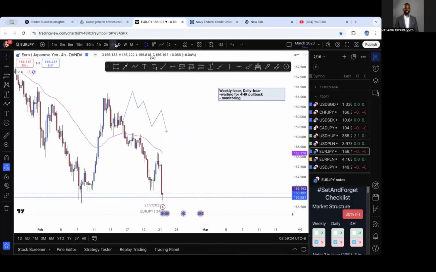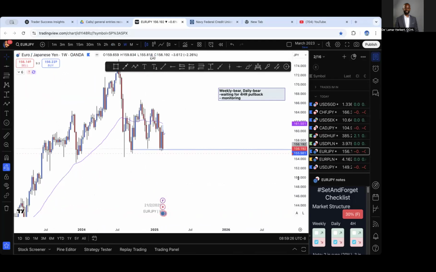Euro JPY. Weekly is bearish, and we are currently at an AOI right here. It looks to be like an AOI to me.